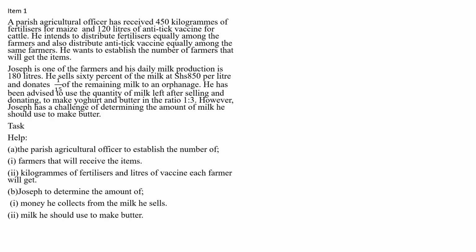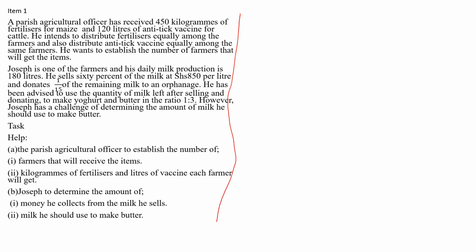Ask the parish agriculture officer to establish the number of farmers that will receive items, the kilograms of fertilizers and liters of vaccine each farmer will get, and then also help Joseph to determine the amount of money he collects from milk he sells, and then the amount of milk he should use to make butter.